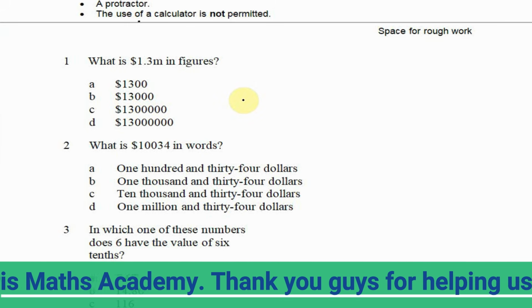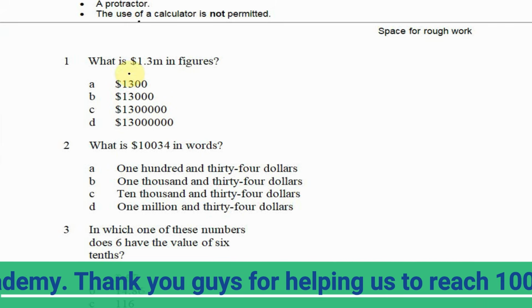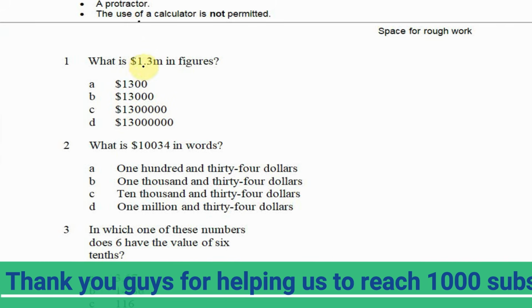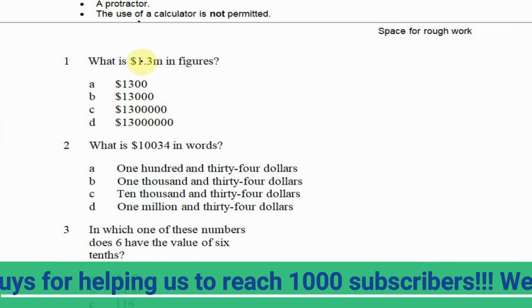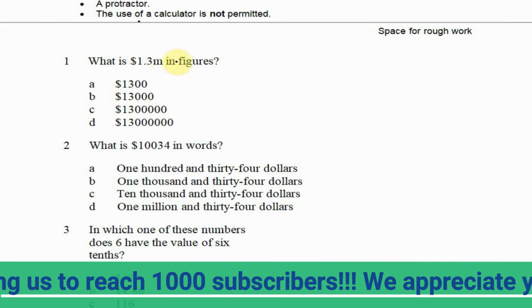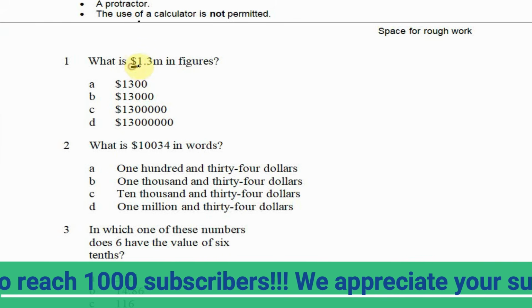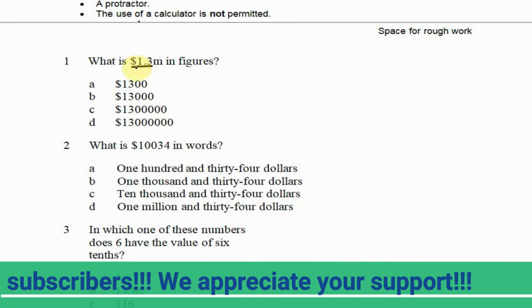So here let's look at question 1. Now question 1, what is 1.3 million in figures? Now the reason why this is 1.3 million and not 1.3 meters is because we have a dollar sign here. Once we have this dollar sign here, it means we're talking about money.